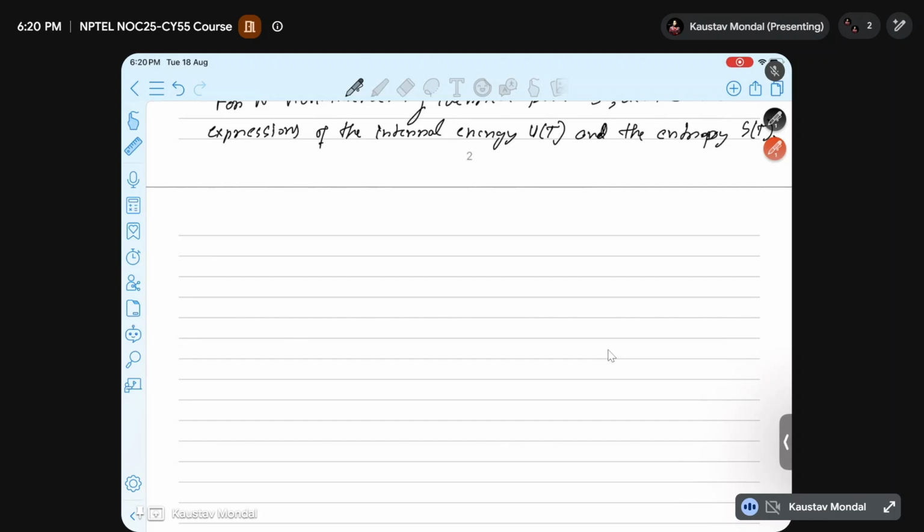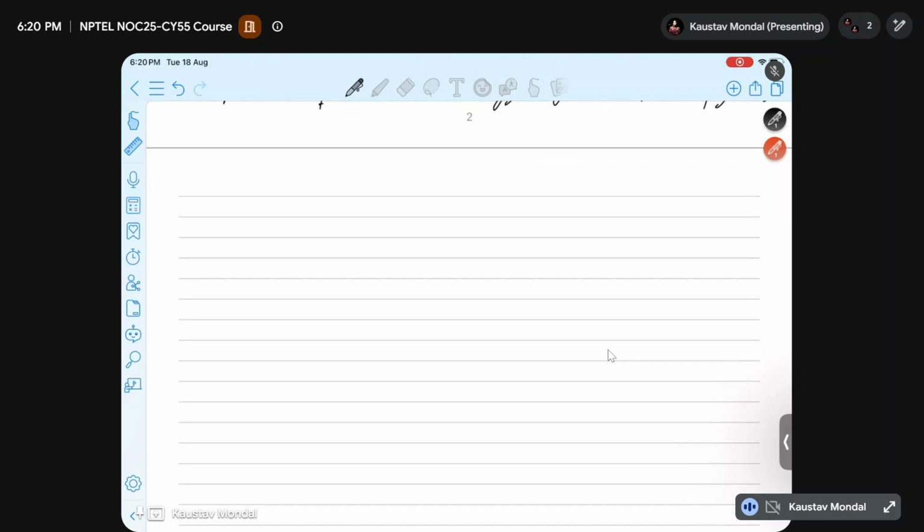We know the basic strategy to solve this kind of problem: first, write the partition function for a single particle, since there are n particles. So first we'll write the partition function for a single particle, that is small q.